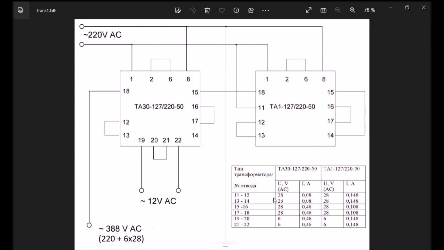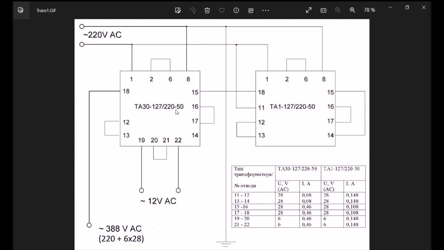To realize the circuit above, we should have one transformer with two windings, step up, but I didn't have such a transformer, so I used two simple anodic transformers, TA30 and TA1. They are very widely spread and can be easily obtained. They can work with both 127 and 220 volts grid.